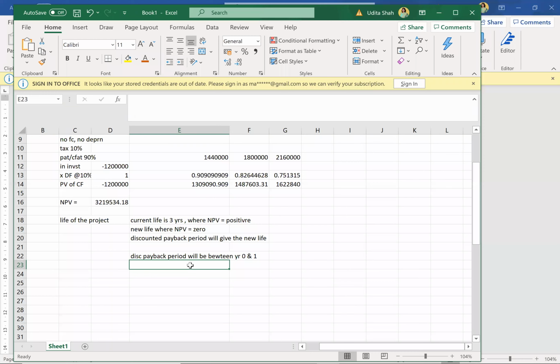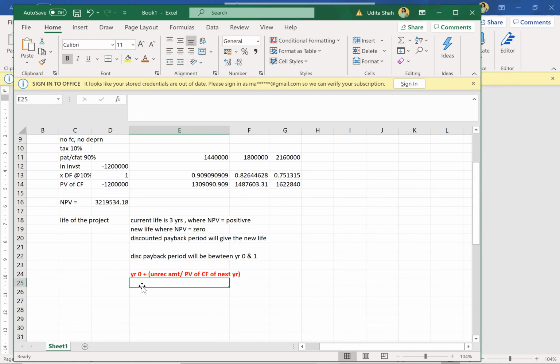So how much will be the unrecovered amount? Nothing is recovered, so that will be 0 years, that is year 0, plus unrecovered amount divided by PV of cash flow of next year.